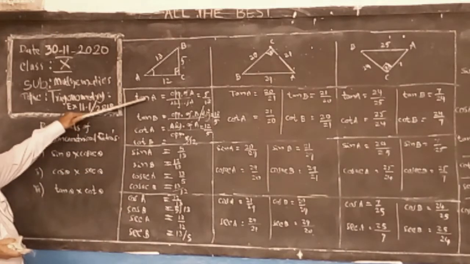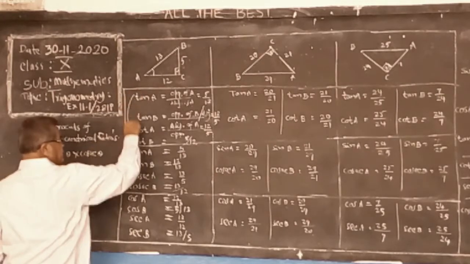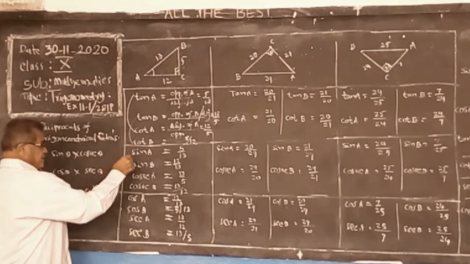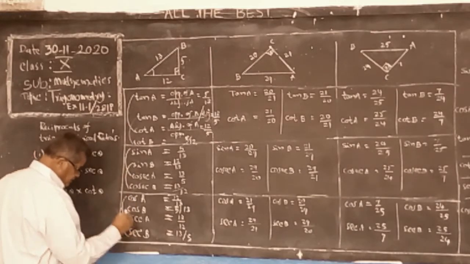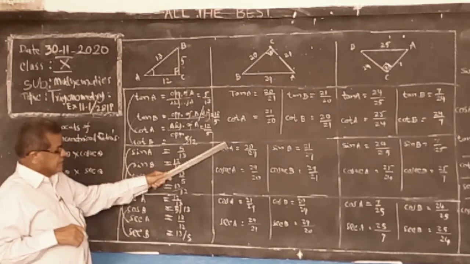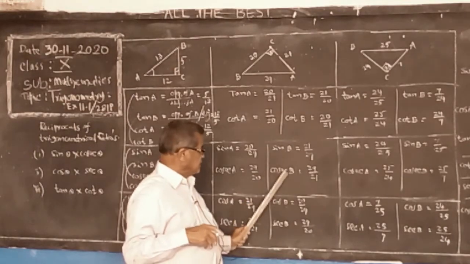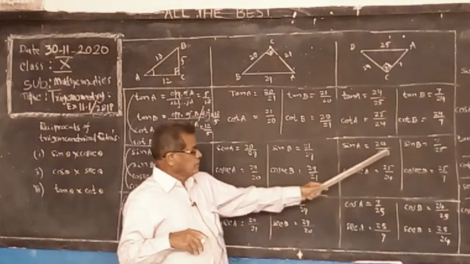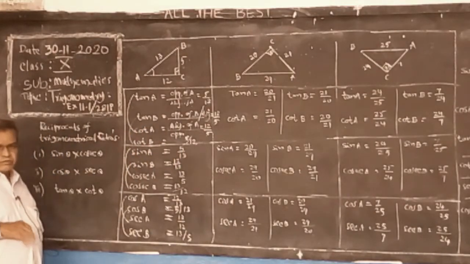Here tan A, reciprocal is cot A. Reciprocals: tan B, cot B, tan A, cot A, tan B, cot B. Here sin A, cosec A, sin B, cosec B, cos A, sec A, cos B, sec B. Here angle changes, reciprocal also changes: sin B, reciprocal cosec B, theta same, right?